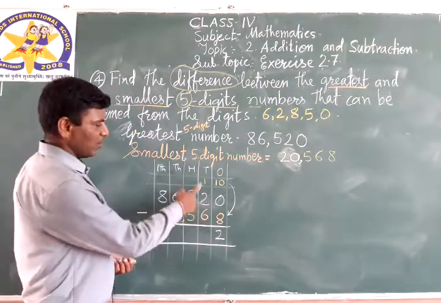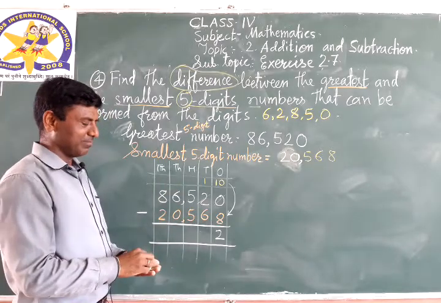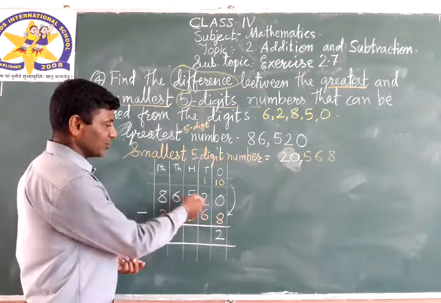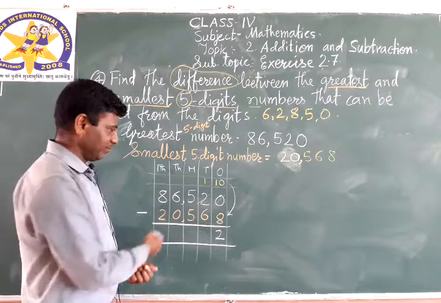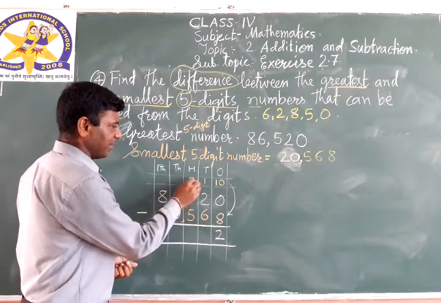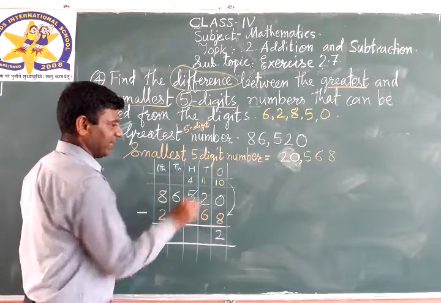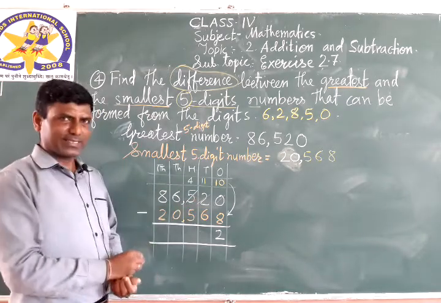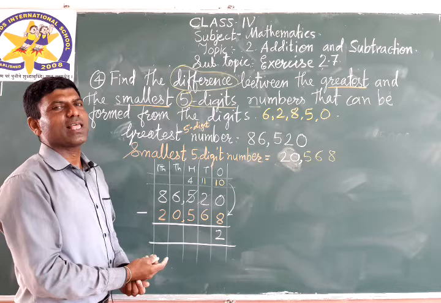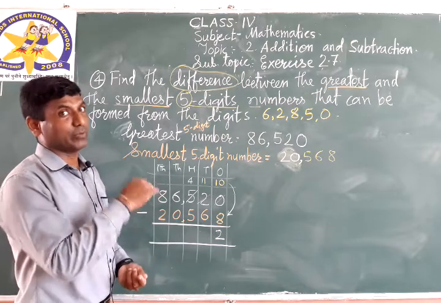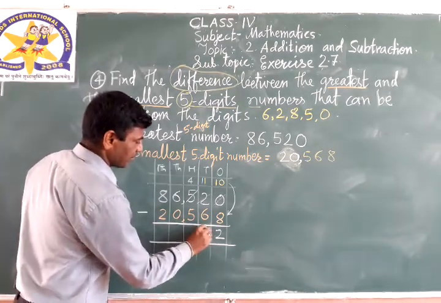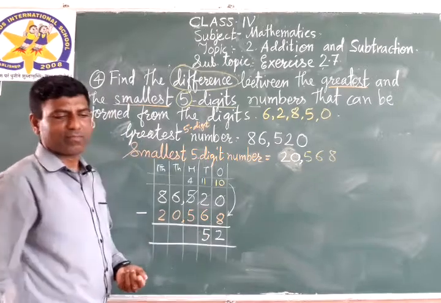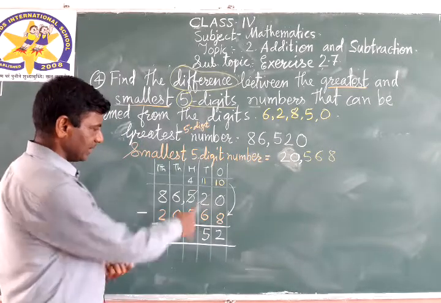Now 1 minus 6 possible? No. So borrow from the neighbor. 5 becomes 4 and this 1 becomes 11. Now is it possible? 11 minus 6? Yes. 5.